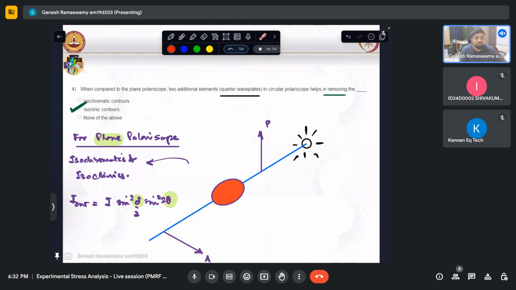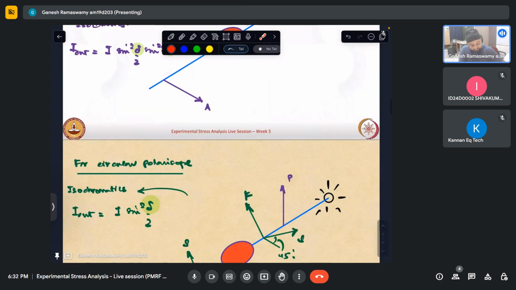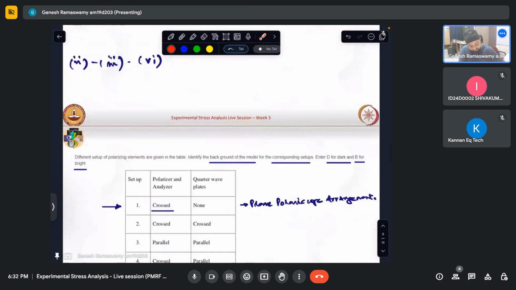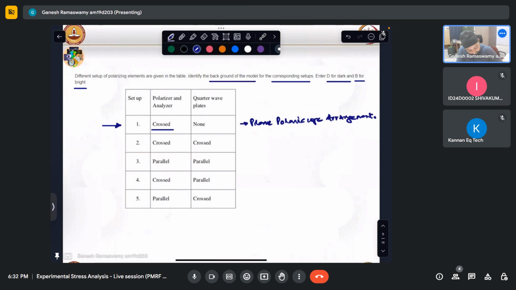There will be nothing allowed after the analyzer. So essentially this will be dark field. This is dark field because the analyzer and polarizer are kept crossed. The other ones, we are able to see that quarter wave plates have some combination. So the others pertain to circular polariscope arrangement.